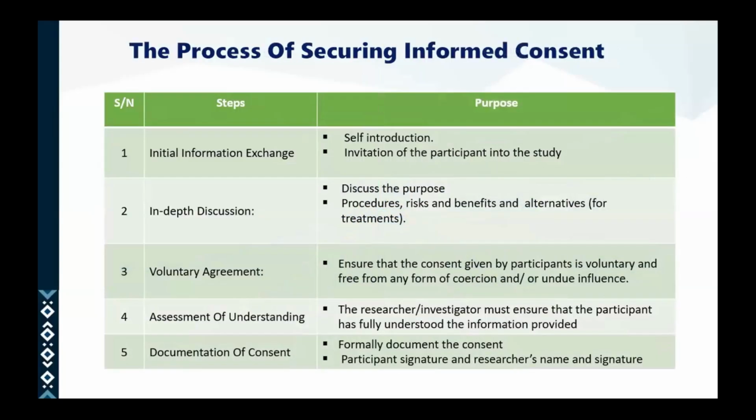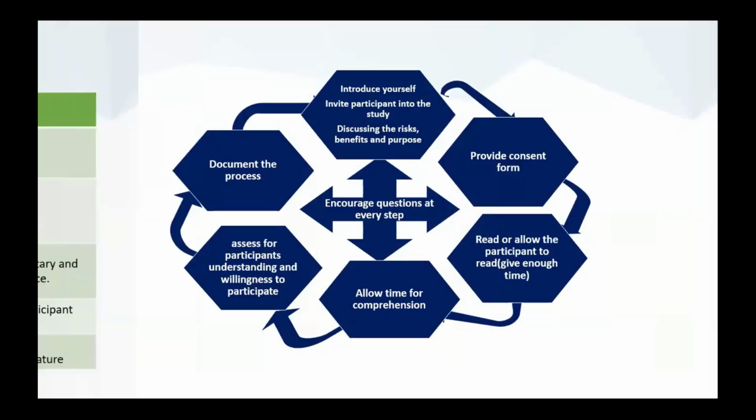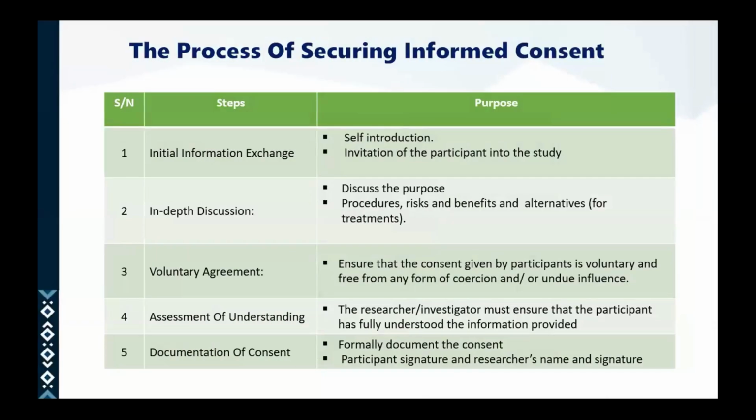Good. So the process of securing informed consent, how does it go? Initial information exchange, self-introduction, invitation of the participants into the study, in-depth discussion. We also discuss the purpose, procedures, risks and benefits and alternatives, and if treatments are available.